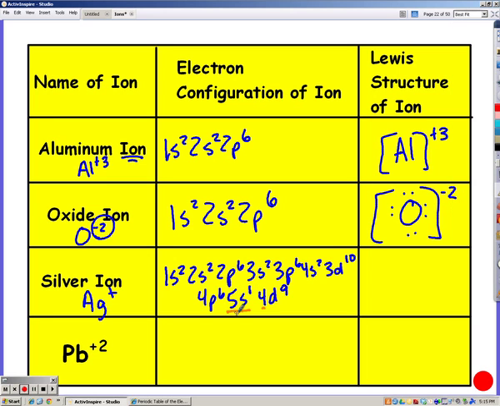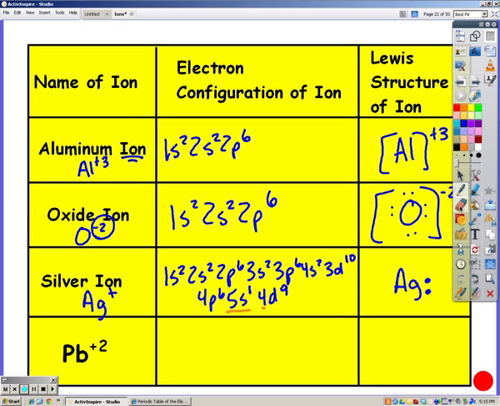When you're drawing Lewis dot structures, it's always of the outer electrons, which in this case is the 5th energy level. Notice I have 1 left in the 5th energy level, and so it's going to have 1 dot. Don't forget your brackets and charge. So silver originally had 2, but we lost 1.